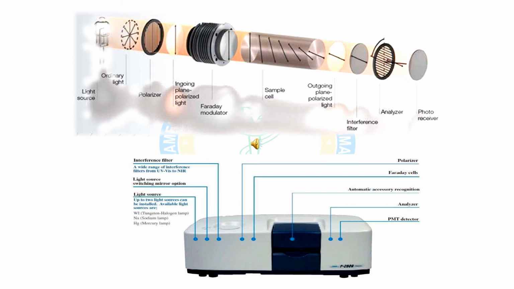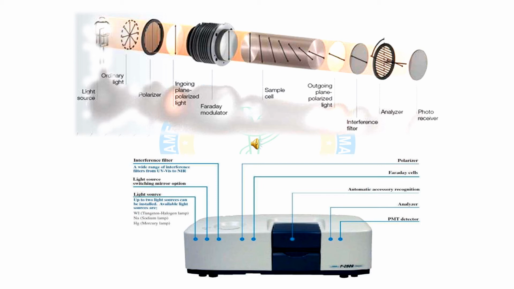The next slide is showing the instrumentation of a polarimeter, in which the various parts are the light source, as shown in the figure, through which the ordinary light passes through the polarizer. The polarizer converts the ordinary light into plane polarized light, which then passes through the Faraday modulator that converges the ray of light to the sample cell.